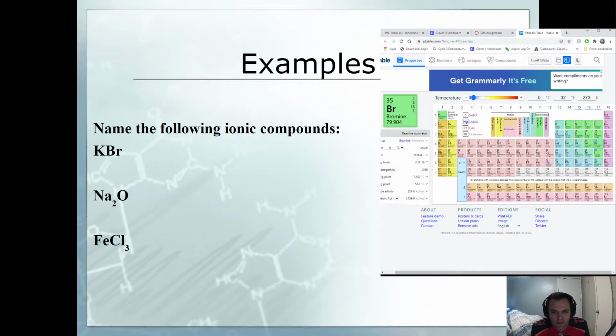So it's only ever going to have the one charge. And if it's in the first column, that charge is going to be positive 1. So we don't have to worry about putting the Roman numerals in there. So the name of this would just be potassium bromide. So we took bromine, took off that last little section of it, and replaced it with IDE. So it's potassium bromide.